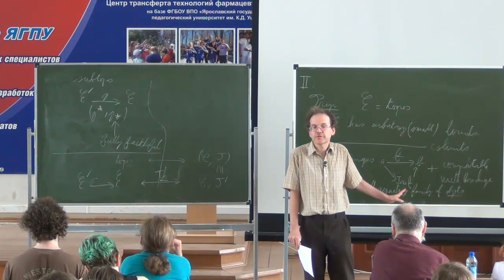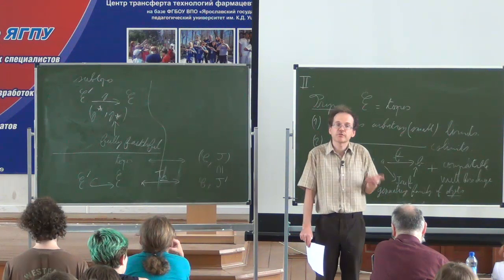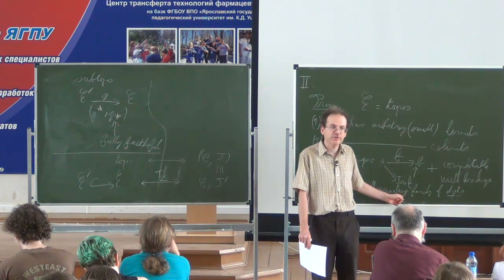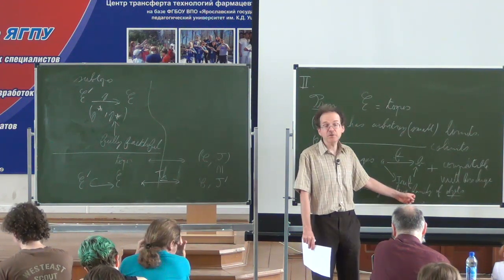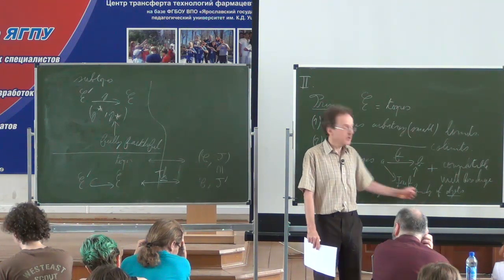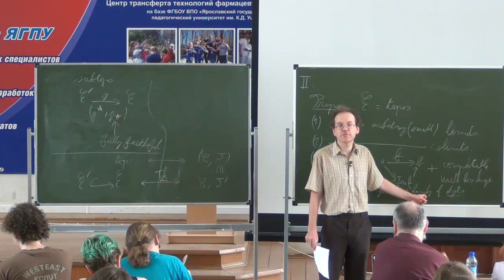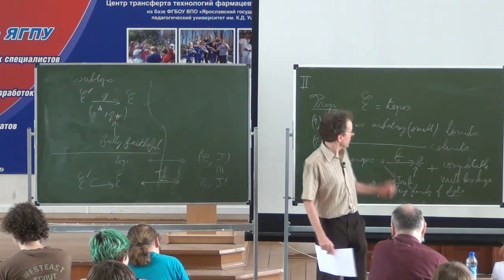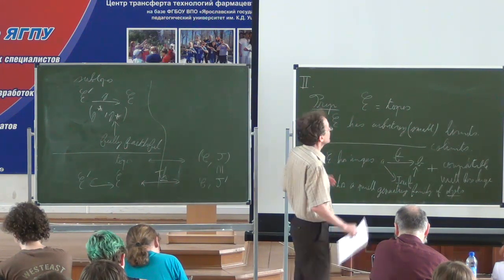This is exactly the statement I just said. Any object in the topos is isomorphic to a quotient of a sum, a disjoint union, of objects in your generating family. Okay, so you have these properties.